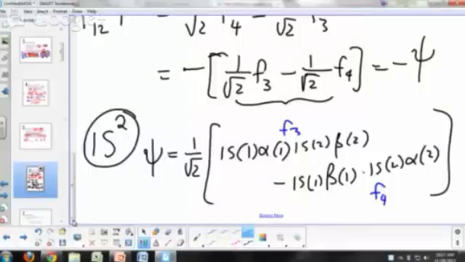It represents a situation where you have two electrons in the 1s orbital. One of them is spin up, the other one is spin down. You don't know which one is spin up, you don't know which one is spin down. If you can give them names, there's a 50% chance electron 1 is spin up and electron 2 is spin down, or electron 1 is spin down, electron 2 is spin up. So that is the complete expression.